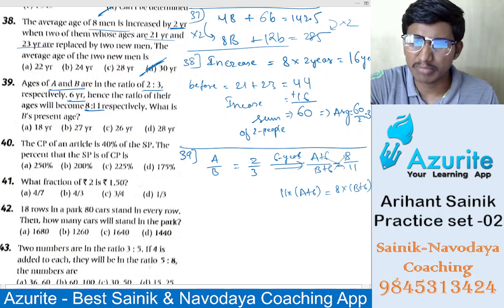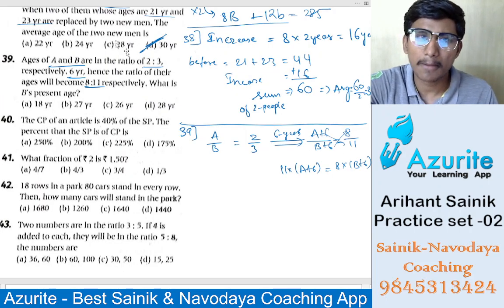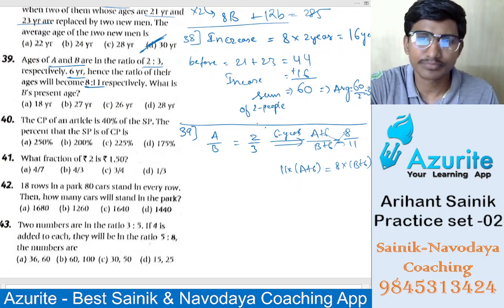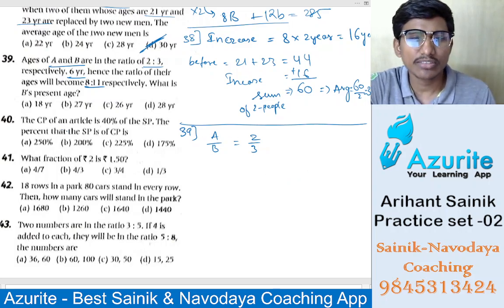Otherwise, go with the options. Better, instead of doing this much, what should you do? Directly go with the options. Directly they have given B's age, right? Yes, sir. So they have given B's age.